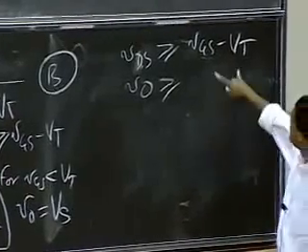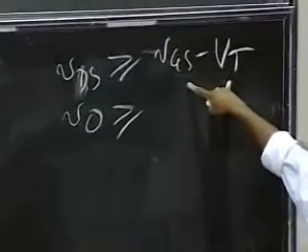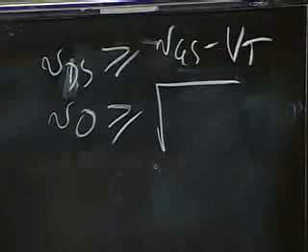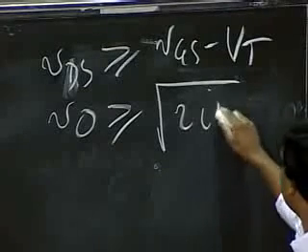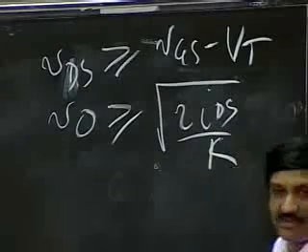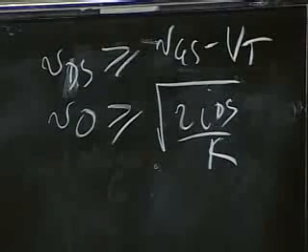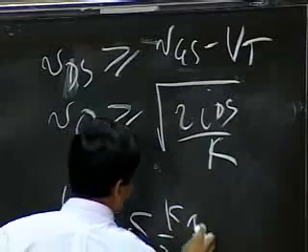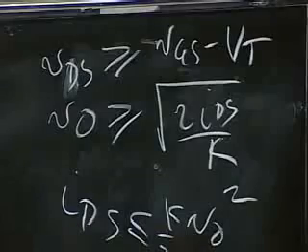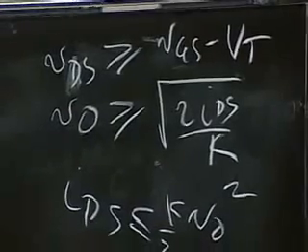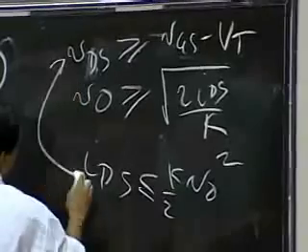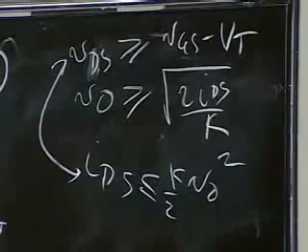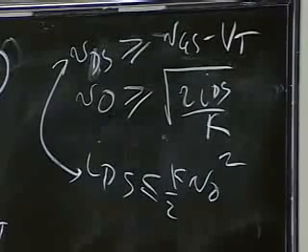So VI minus VT is simply the square root of 2 IDS divided by K. In other words, I can write IDS less than or equal to K by 2 V naught squared. So this constraint expressed in terms of IDS is simply IDS less than or equal to K by 2 V naught squared.